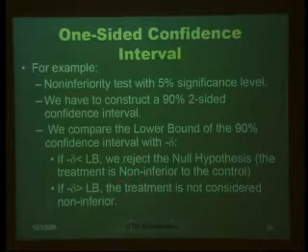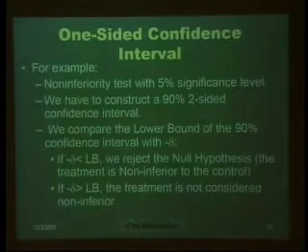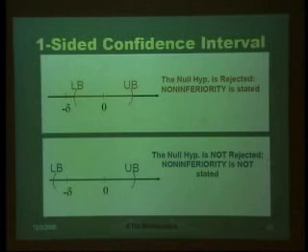And we are going to compare the lower bound of this confidence interval with the value minus delta. If minus delta is smaller than the lower bound, we reject the null. If it's not, we don't.